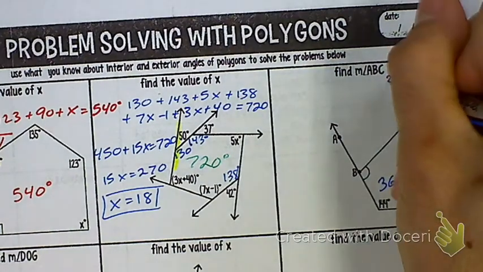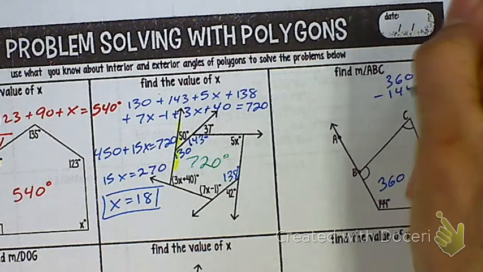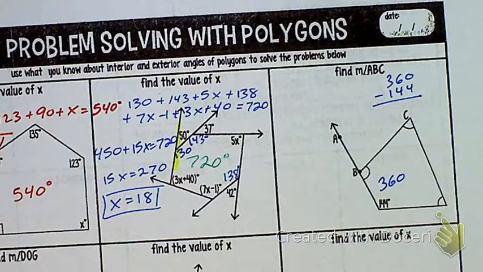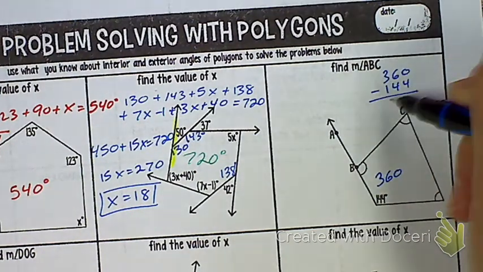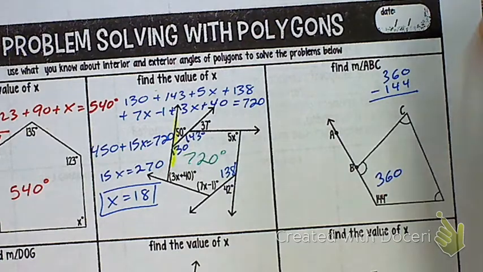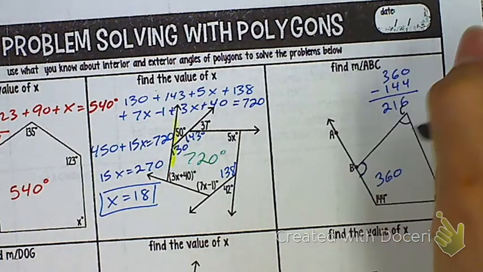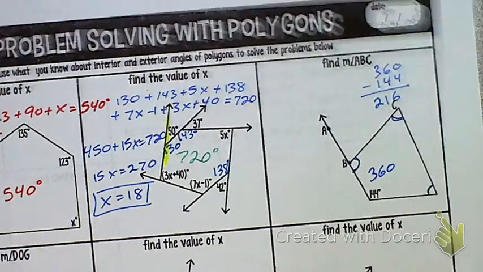But I already have 144. So how much is left? 360 minus 144 is 216. That value, because of these arcs, should be split evenly between those 3.